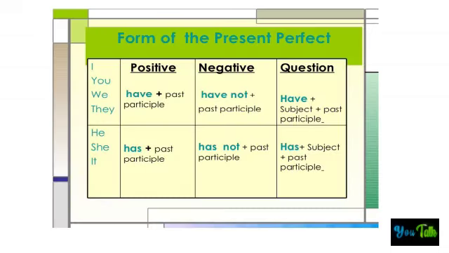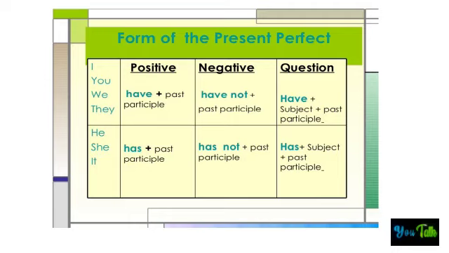Now, a quick recap of the positive, the negative, the question or interrogative form. For the positive or the affirmative, we say, for example, I have plus the past participle of the main verb. You have plus the past participle.